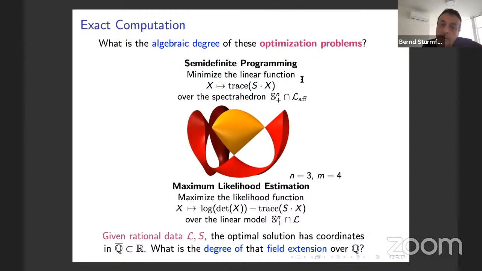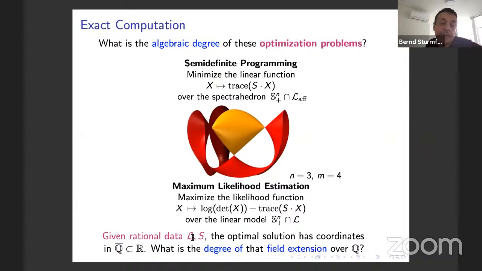Now, these are problems whose input is a given matrix, typically the sample covariance matrix. And let's say this has rational entries. And the algebraic degree is the number of complex solutions to the critical equation, for precise given rational data.